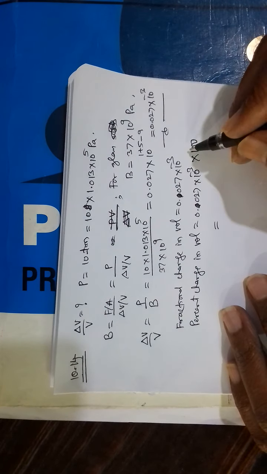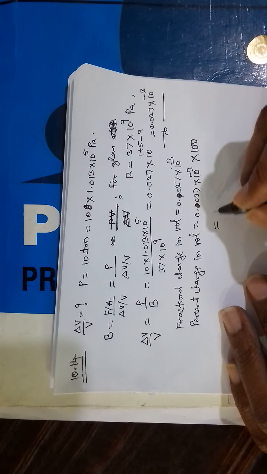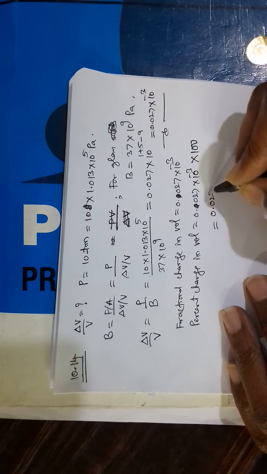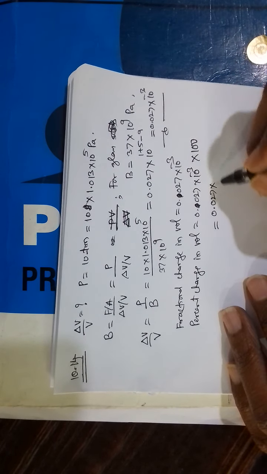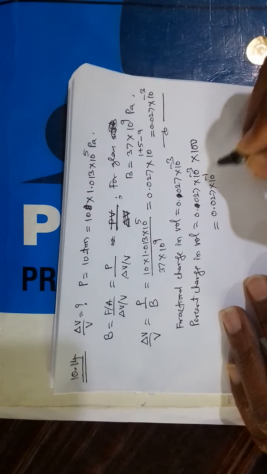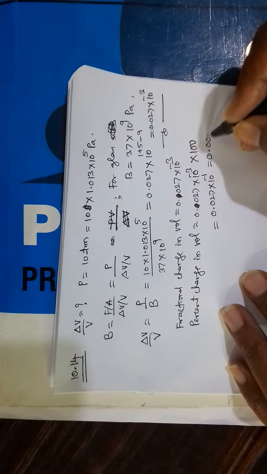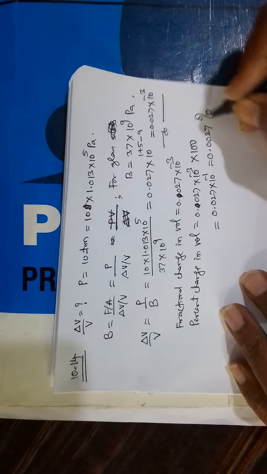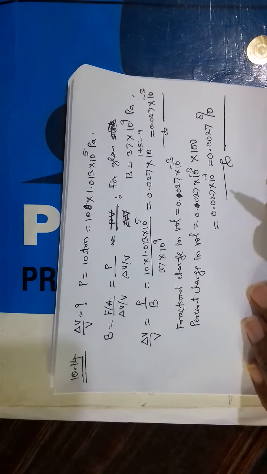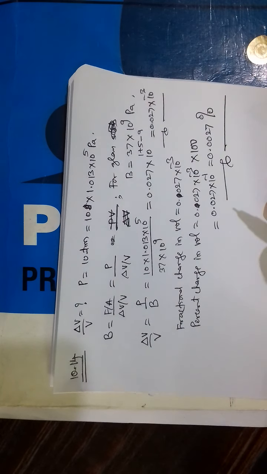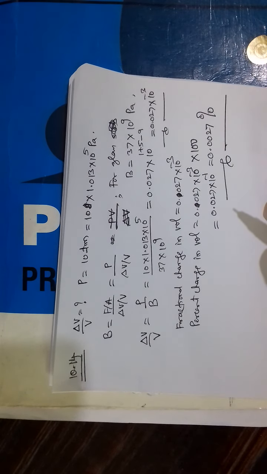Now 2 minus 3 minus 1. Therefore 0.27 into 10 power minus 1 by 10 means 0.0027%. So in volume also we can express.